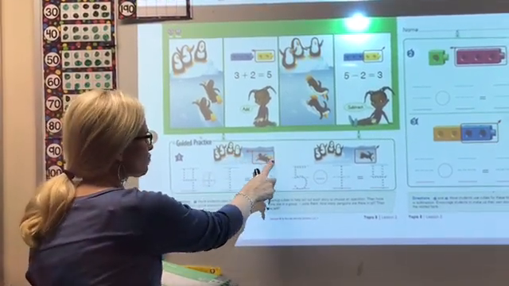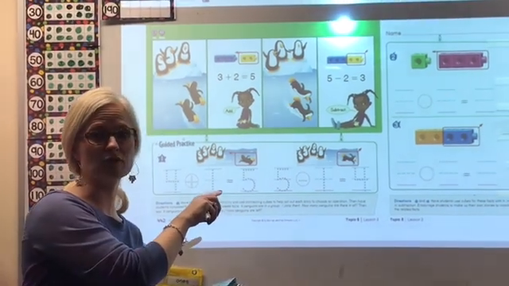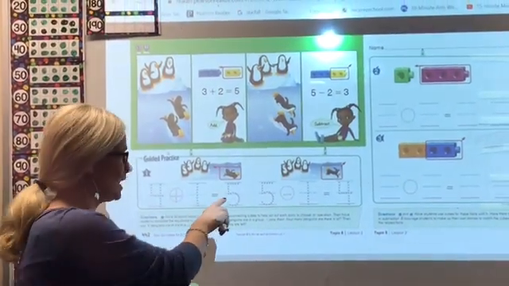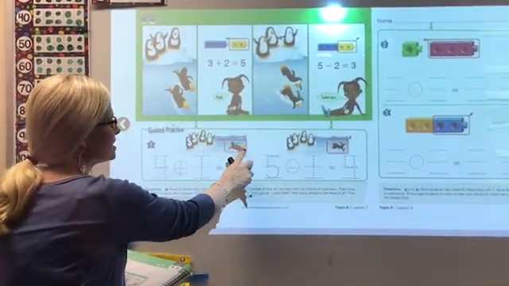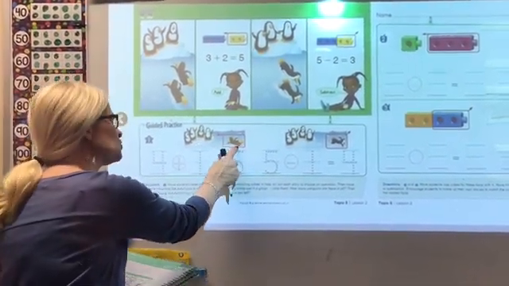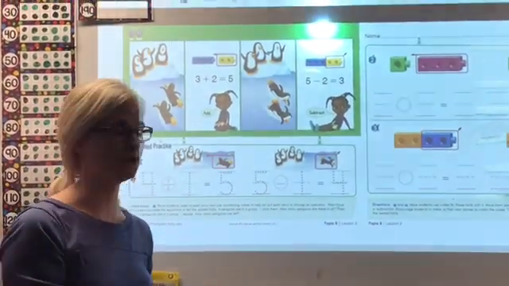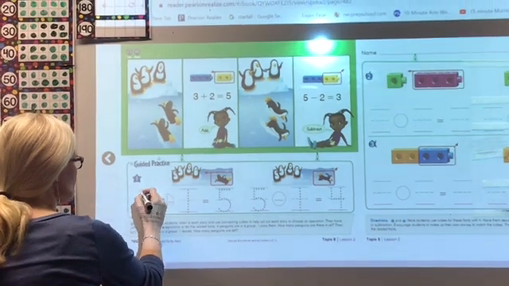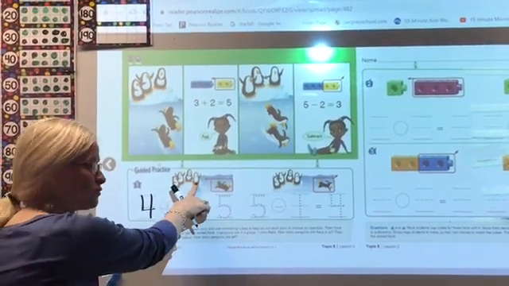Take a look at this red line right here. It may not be red on your paper. If you have the printed out copy from the website, it'll be just all black and white. But it has an arrow. That means that this little guy right here is joining this group. That means we are adding. So all you need to do here is practice tracing your numbers. 4, we've counted to make sure there's 4.